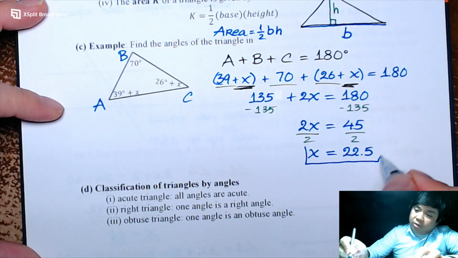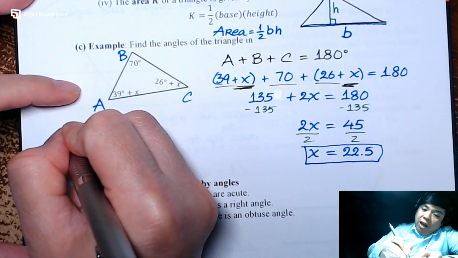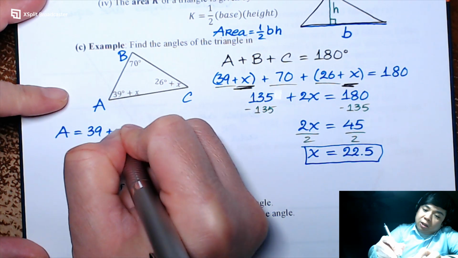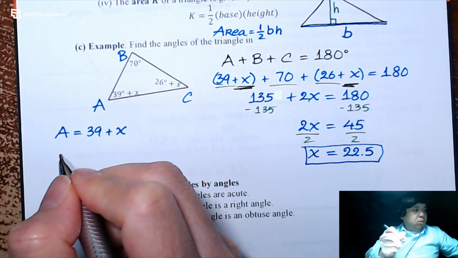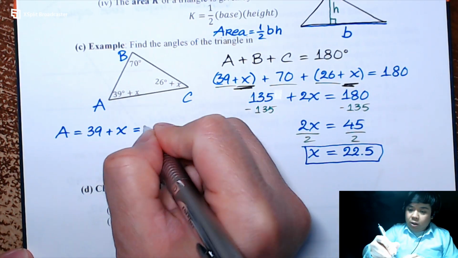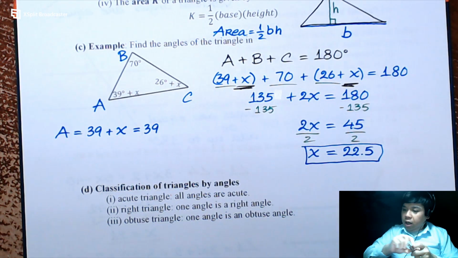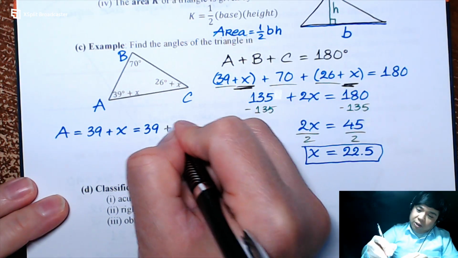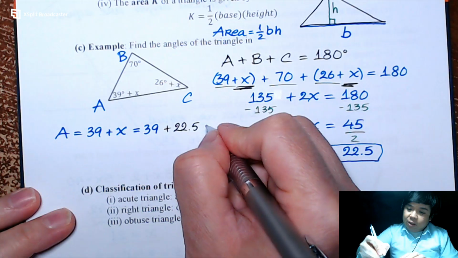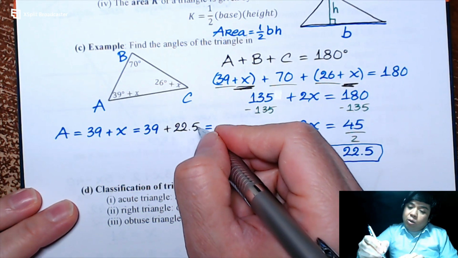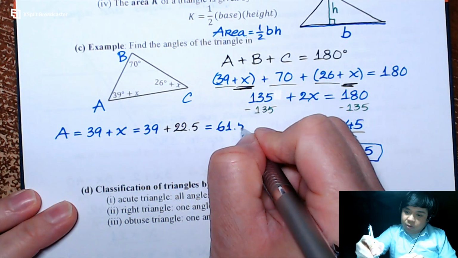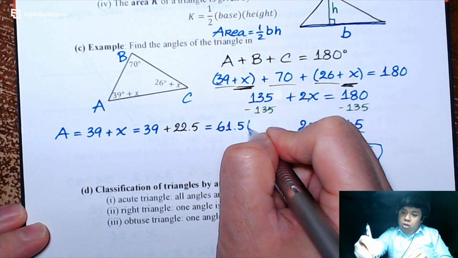And now that we have x, we can easily find the angles in the triangle. A is equal to 39 plus x, and x is 22.5. That would be 61.5. Let's put the degree.